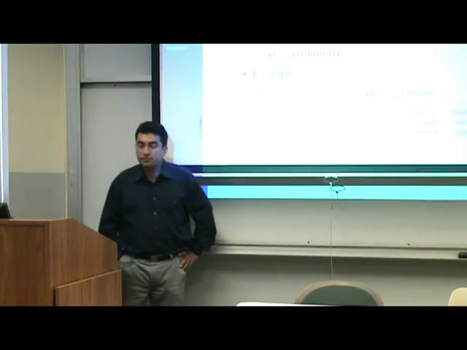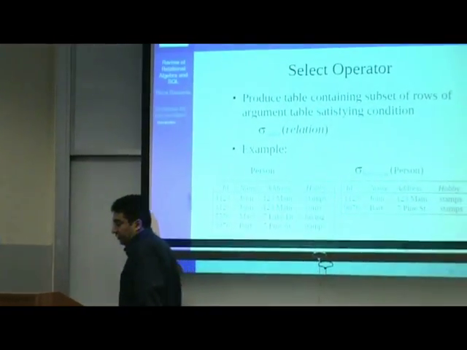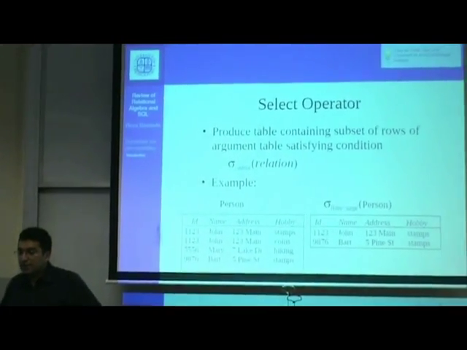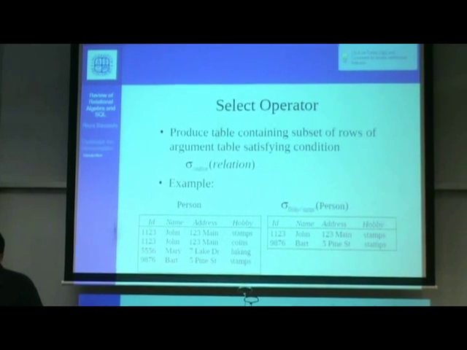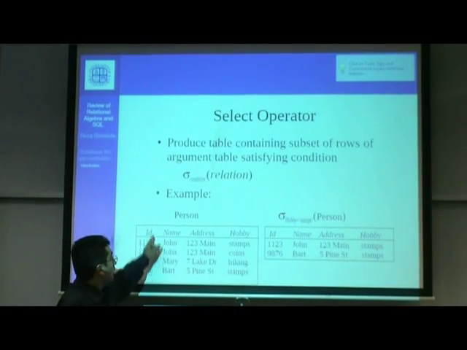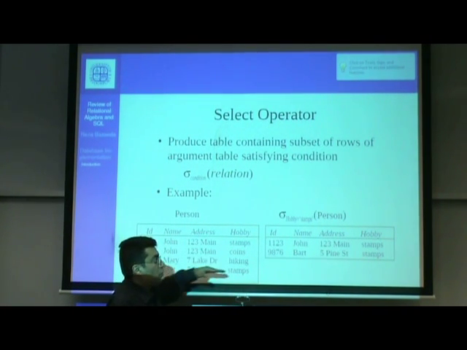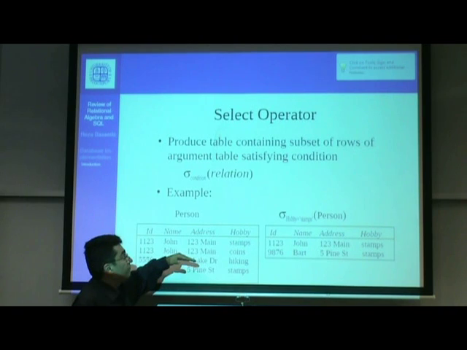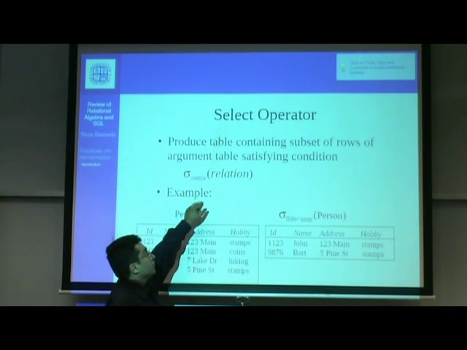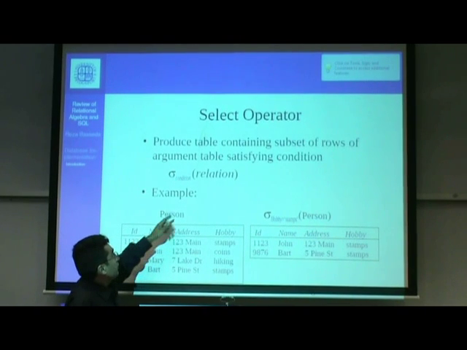Okay, the first operator of relational algebra is the select operator. It's a very important operator. The select operator produces a new table containing all of the columns from the original table, but some of the rows are filtered, based on a condition. It selects those rows that satisfy the condition.